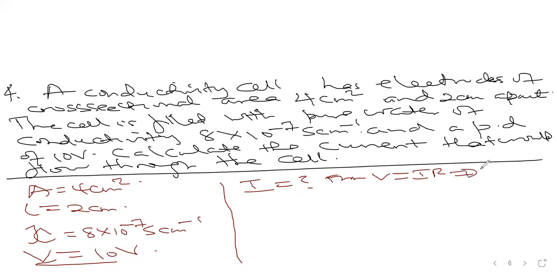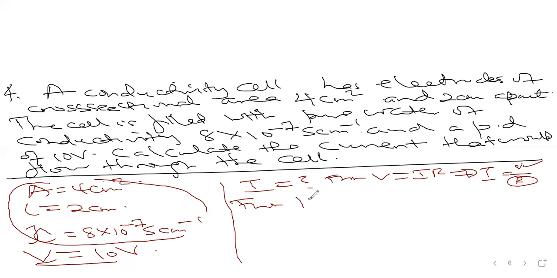This implies that I is V over R. We have the voltage, you don't have the resistance. That is the importance of this information. So it's to help us get the resistance. You also know that kappa is equal to 1 over R times L over A.